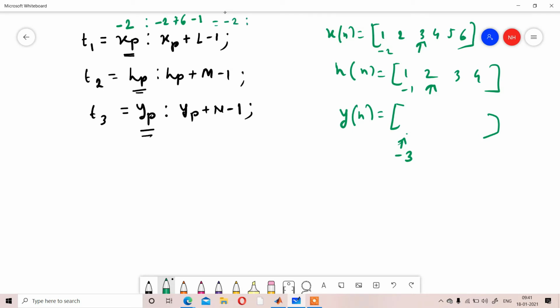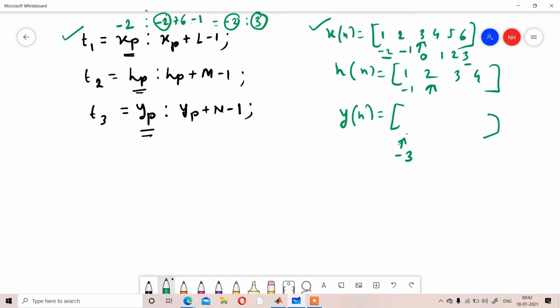From minus 2 to 3, that will be your T1. The T1 defines minus 2, minus 1, 0, 1, 2, 3. Whenever you display the input x, you display it with respect to T1, so it starts from minus 2 and ends at 3.